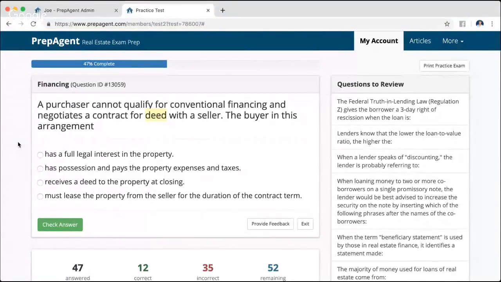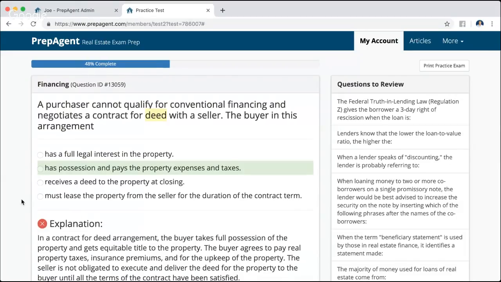Or D, must lease the property from the seller for the duration of the contract term. What do you guys think? And the answer is B.